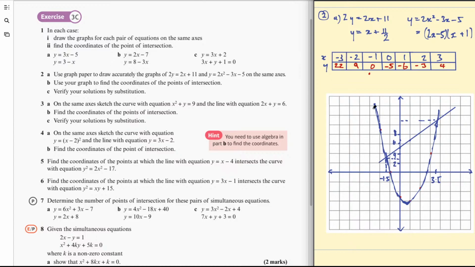All right, what can I do here to help me to solve this more accurately? I could have a bigger graph. Yeah, okay.